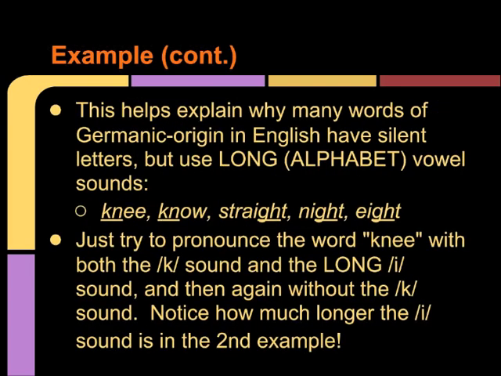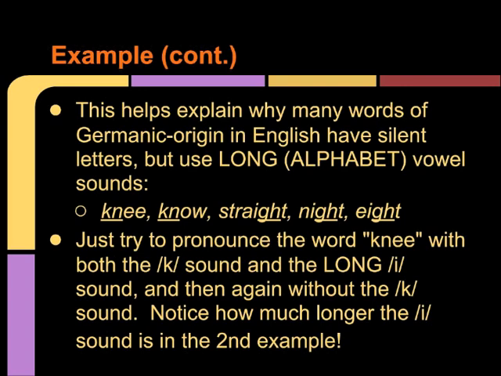This helps explain why many words of Germanic origin in English have silent letters but use long or alphabet vowel sounds. Words such as knee, no, straight, night, eight.